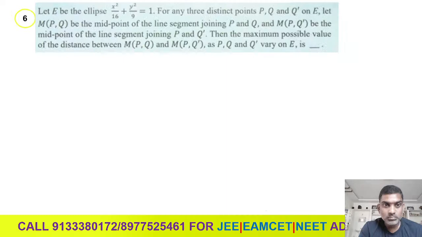Then question number 6. Let E be the ellipse x square by 16 plus y square by 9 equal to 1, for any 3 distinct points P, Q and Q dash. This is an advanced question, sir.